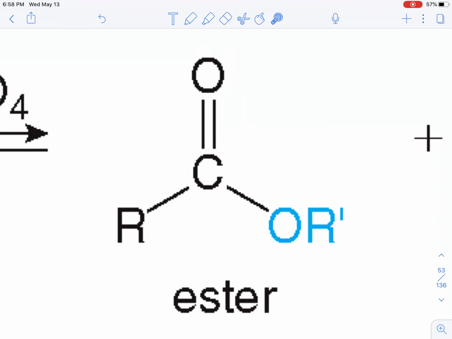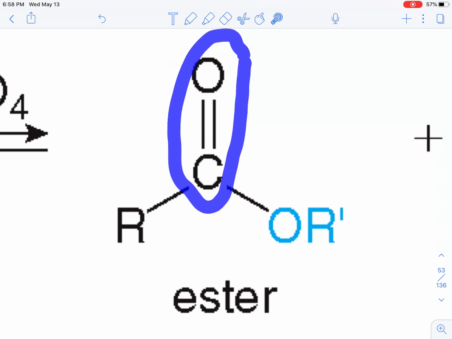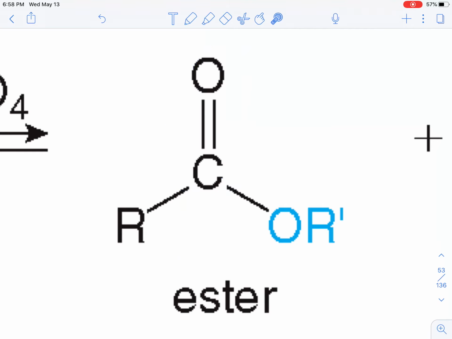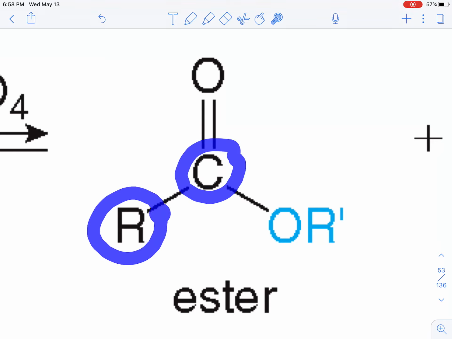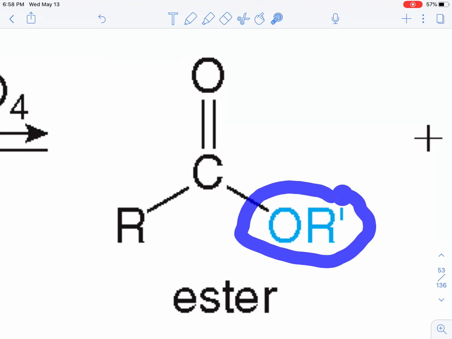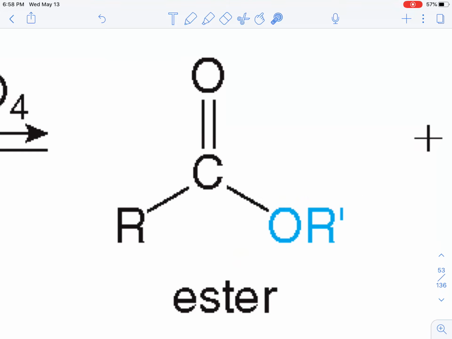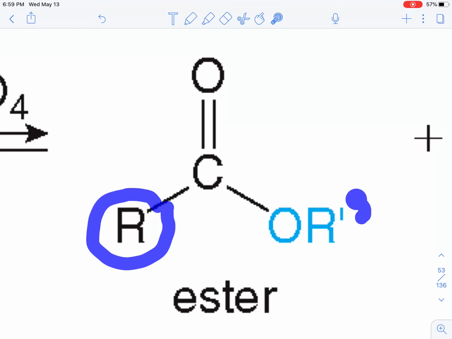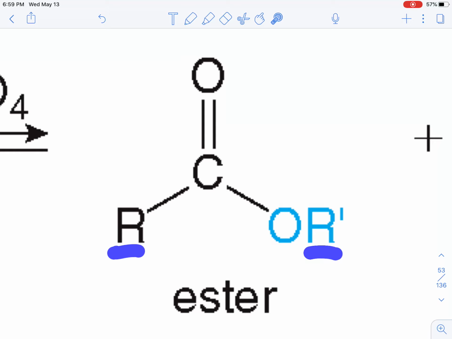Now, what makes this carbonyl group an ester is that the carbonyl carbon is covalently bonded to an R group, and it's covalently bonded to an oxygen that is itself covalently bonded to another R group. These R groups represent any alkyl chains, and they can be the same or they can be different.